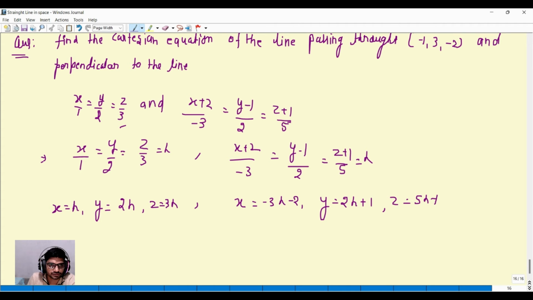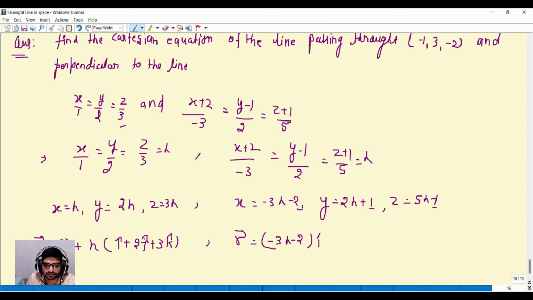Putting these values, r equals 0 vector plus lambda times i plus 2j plus 3k, okay. And from this, r equals, separating out the constant things and the values with the lambda, 3 lambda minus 2 i plus 2 lambda plus 1 j plus 5 lambda minus 1 into k.